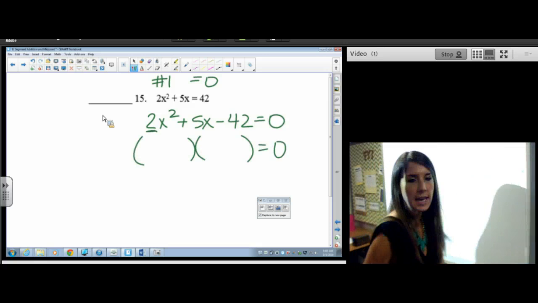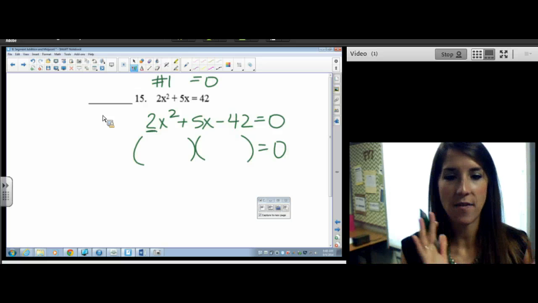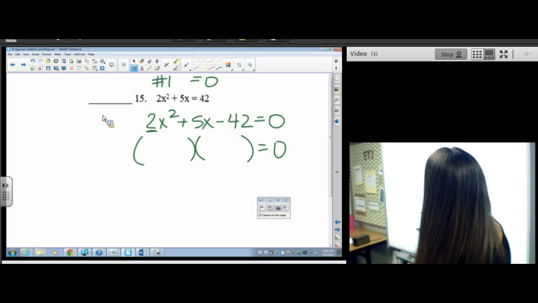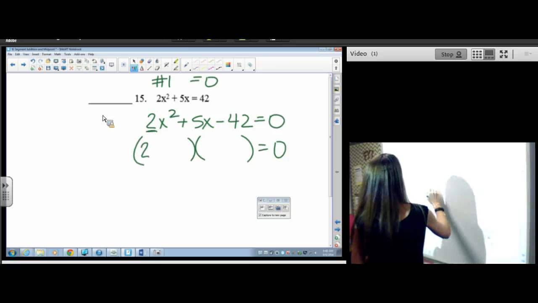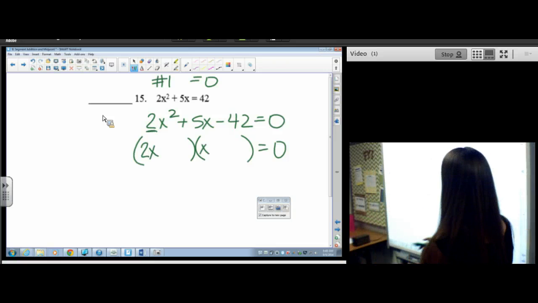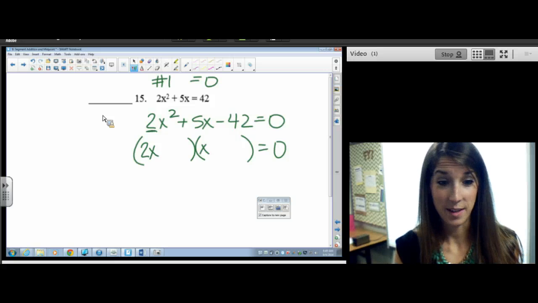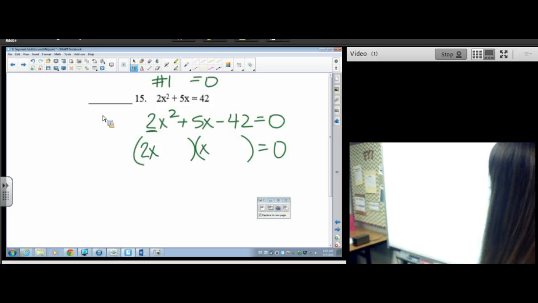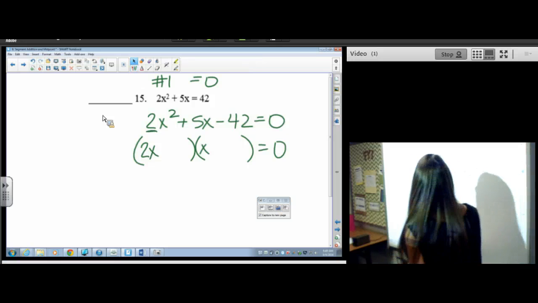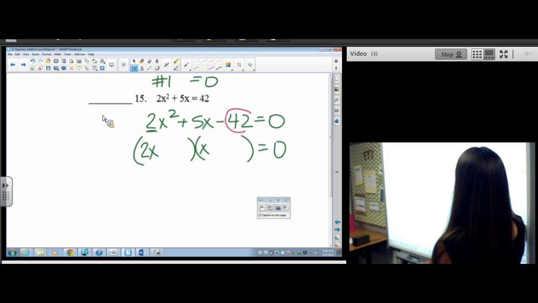So what we do is we set up our parentheses and we get ready to factor. All right, to get a 2x squared, we would multiply 2x times x. So we at least know that much, right? The next part is when we go off to the side and we have to experiment a little.